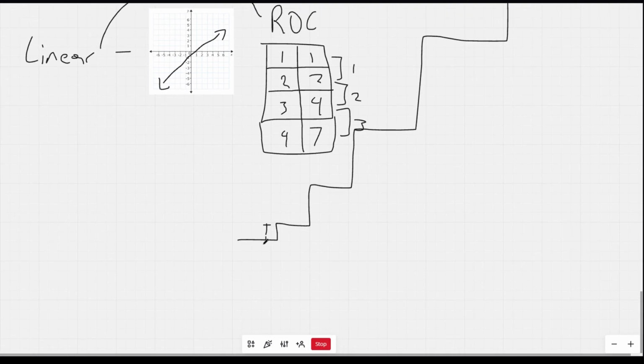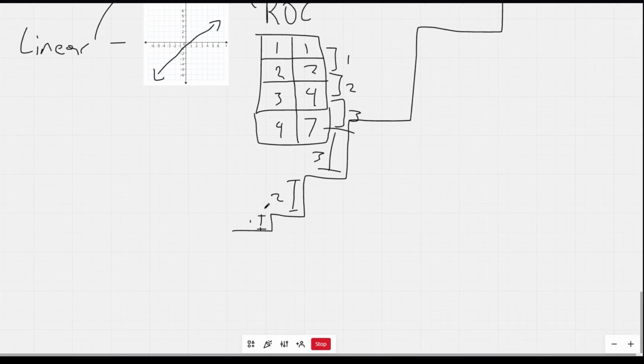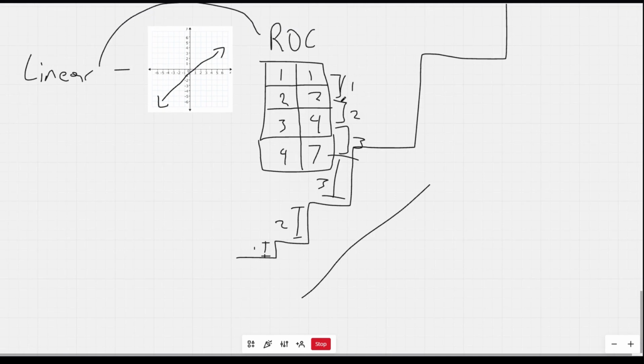So this is 1, this is 2, this is 3. That's linear, because you add the same number each time. It's a straight line. If you were to graph the rate of change instead of y, that would be a linear equation. So you're increasing your rate of change in a straight line.